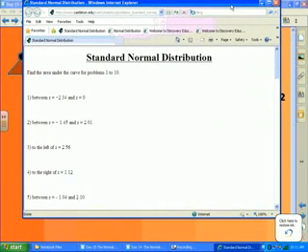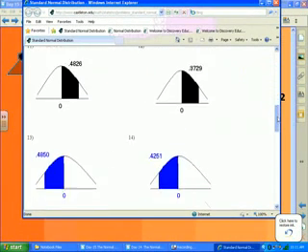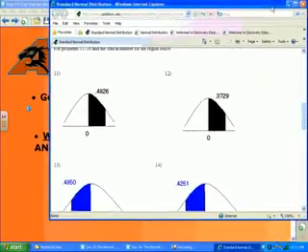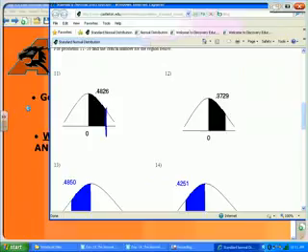Now let's take a look at the next page. This has curves with some areas already, and I want you to find the missing z-score. So let's find this missing z-score right here. This 0.4826 is the area that is shaded.